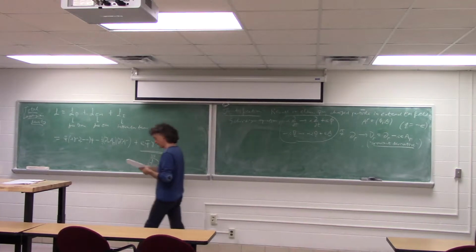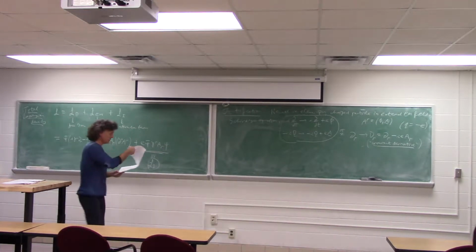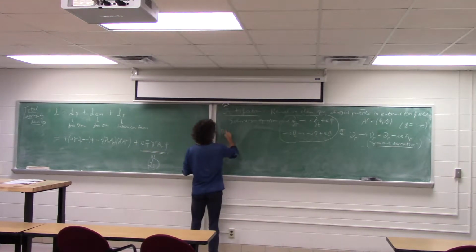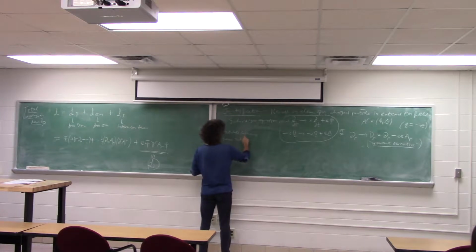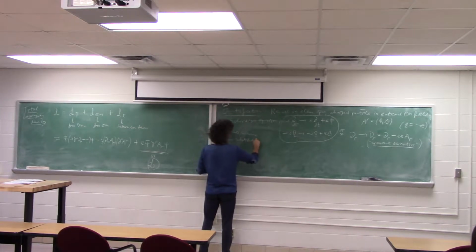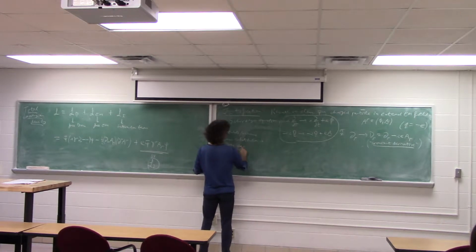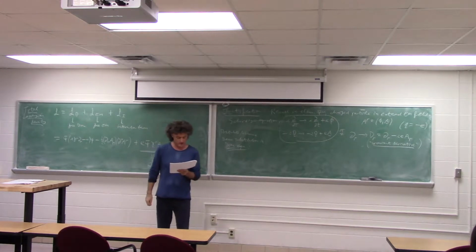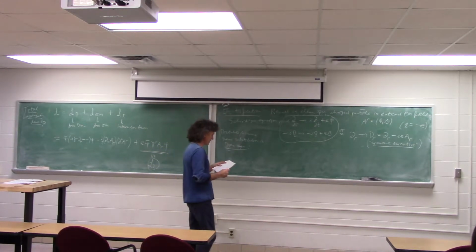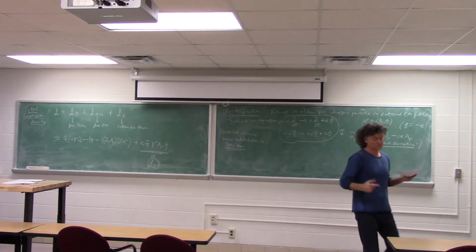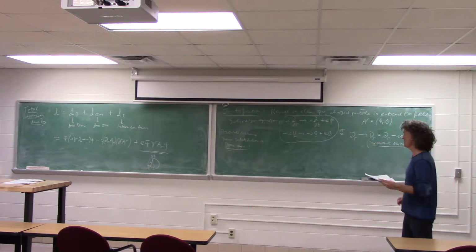Okay, so now what we can do is postulate or assume the same substitution in the Dirac equation. So if you're asking, well, what is the Dirac equation in the presence of an electromagnetic field?